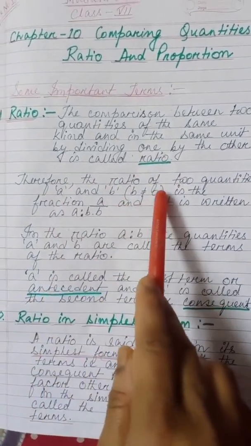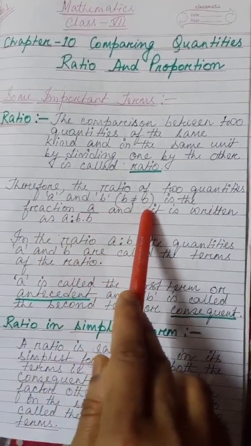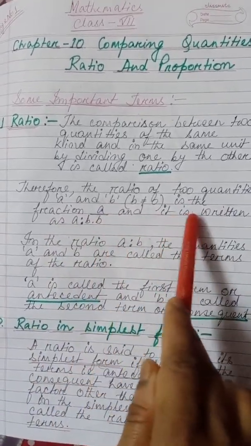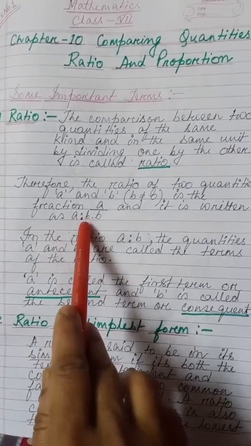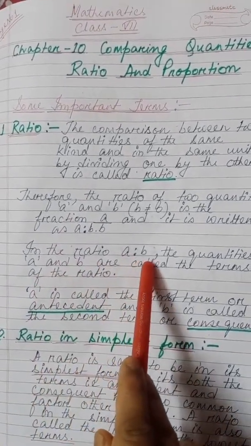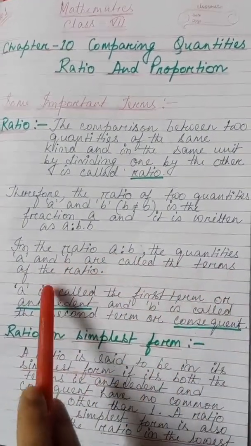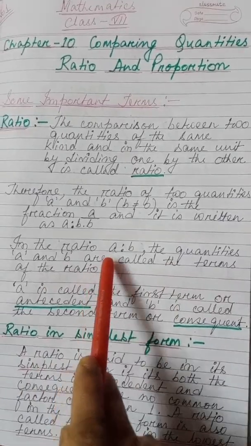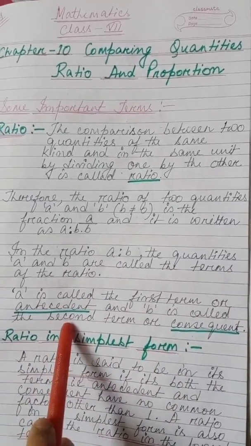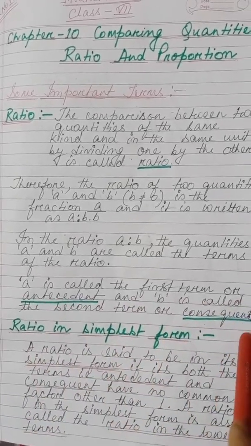Therefore, the ratio of two quantities A and B, not equal to 0, is the fraction A by B, and it is written as A is to B. In the ratio A is to B, the quantities A and B are called the terms of the ratio. A is called the first term or antecedent, and B is called the second term or consequent.